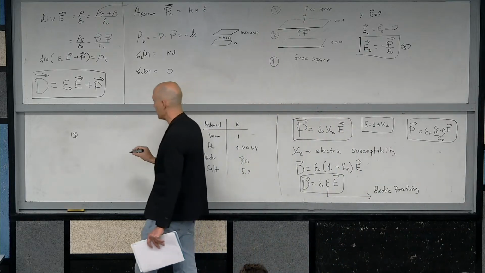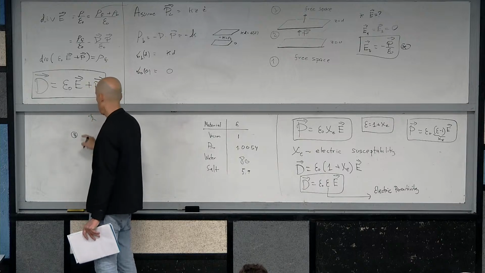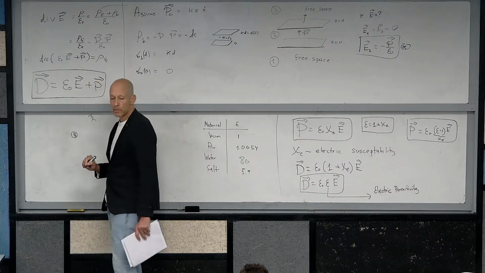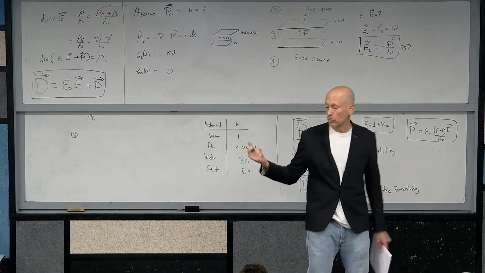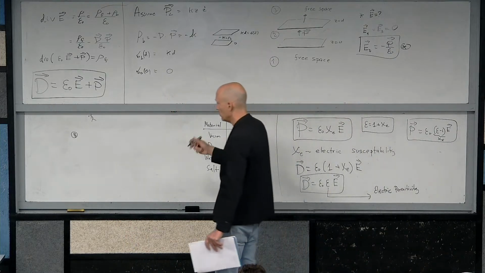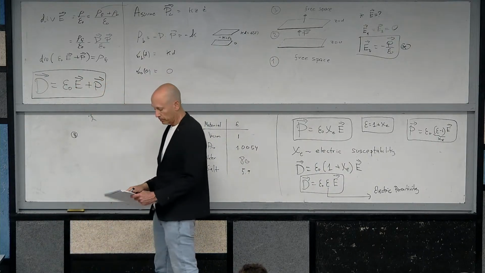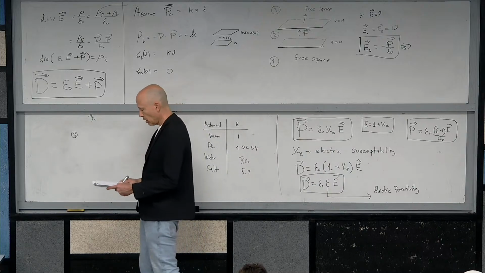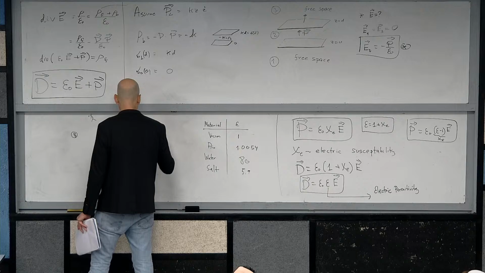So I want to stand here, some distance away from this ion. And I want to know what will be the electric field that I will feel here. So the general picture is like this. What will happen?